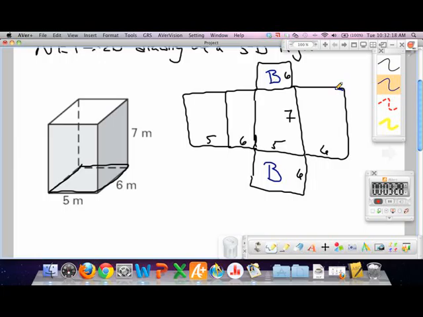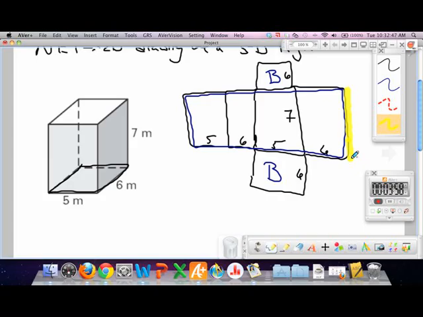What does this yellow highlighter length correspond to in our original drawing? 7. So where's the 7 in our original drawing? It's the distance between the 2 bases, which we'll call the height.